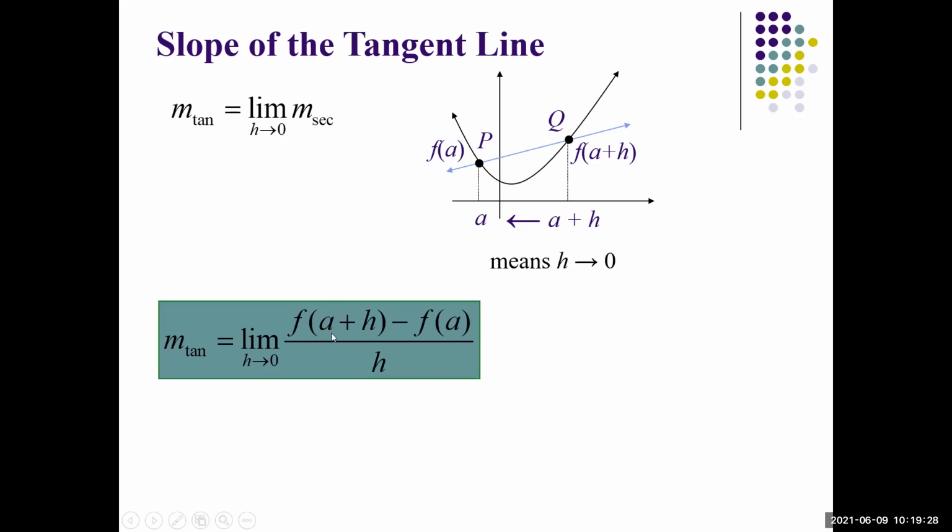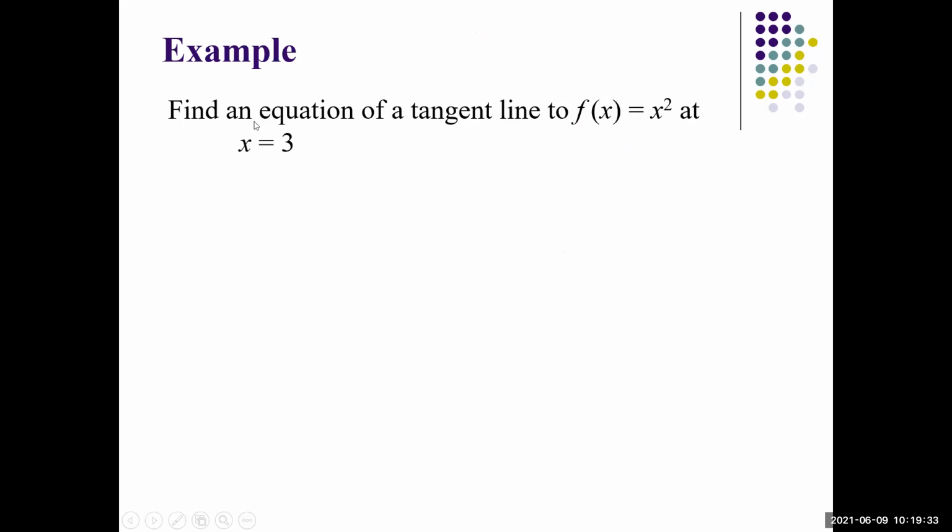Let me illustrate that with an example. Let's say I want to find the equation of the tangent line to the function f of x equals x squared at x equals 3.